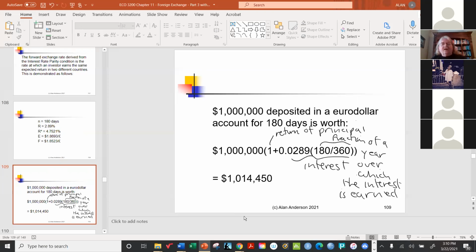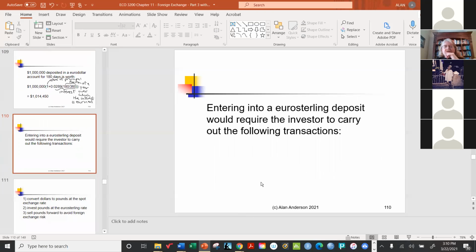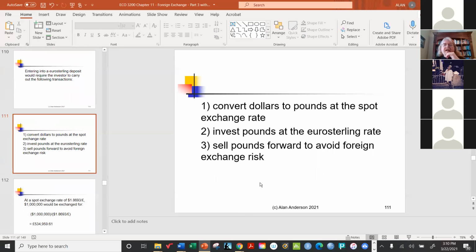All right, so how would that work? Now, this is obviously a lot more complicated. We'd start with our $1 million, and we'd have to first use it to buy pounds. Once we have those pounds in our hands, we can put them in a euro sterling deposit account. But at the same time, we know now when we do this how many pounds we will have in 180 days. There's no mystery about that.